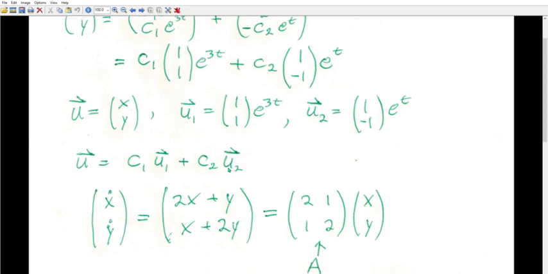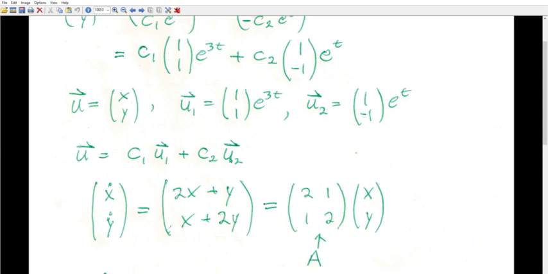And per usual, what we're getting here is the general solution u as an arbitrary constant times a special solution u1 plus another arbitrary constant times a special solution u2. And that's the strategy that we're going to be following for all of this.